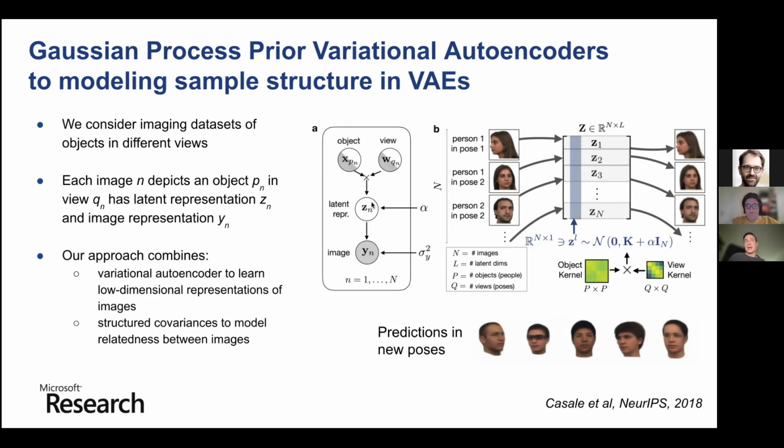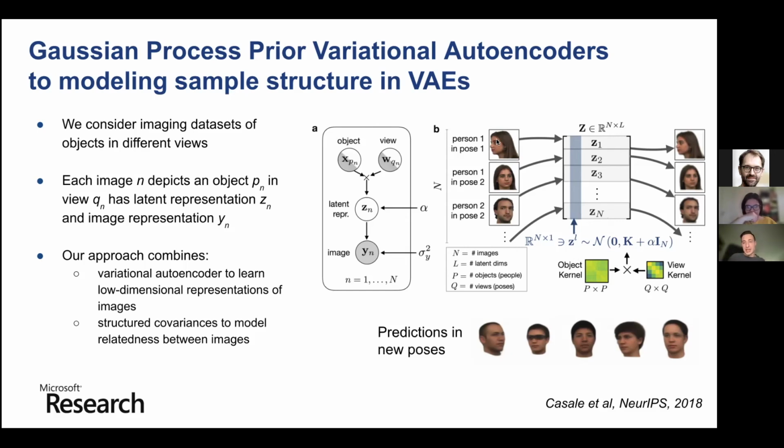And so a latent representation is now generated by an object and the view representations, and then we have the observational process that gives us the image. By using variational inference, very similar to the case we've been analyzing before, we get to an autoencoding framework where the prior in the latent space is a Gaussian with a covariance function, which is the product of an object covariance and the view covariance.